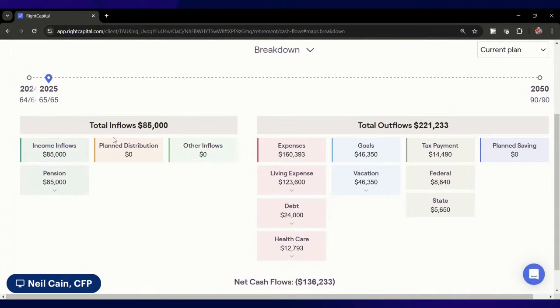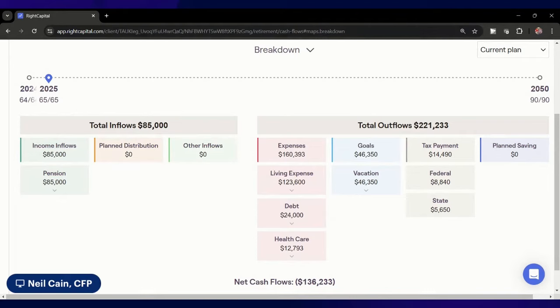So there's $85,000 of income coming in because this person is going to wait for Social Security. And additionally, there's expenses going out the door. There's living expenses, there's debt expenses, you could consider that mortgage, and of course, there's healthcare expenses. And specifically, in the first couple years of retirement, this person intends to vacation quite a bit, and then that's going to taper off to zero after 10 years.